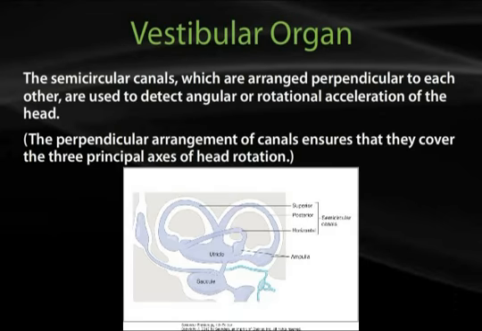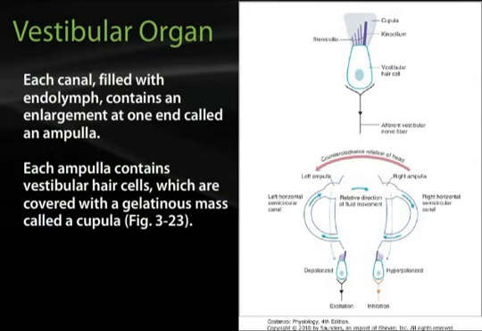The semicircular canals are arranged perpendicularly to each other and are used to detect angular or rotational acceleration of the head. The perpendicular arrangement of canals ensures that they cover the 3 principal axes of head rotation. Each canal filled with endolymph contains an enlargement at one end called an ampulla.